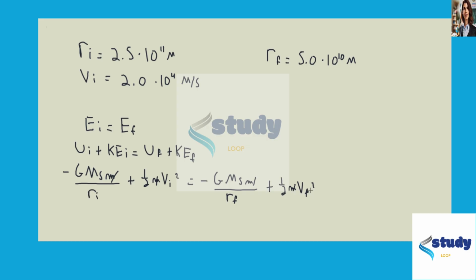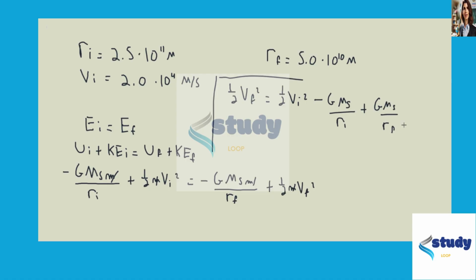And we can get then v final by itself. So we'll do 1/2 v final squared, and that should equal 1/2 v initial squared, and then we'll have minus G mass of the sun over our initial and plus G mass of the sun over our final.